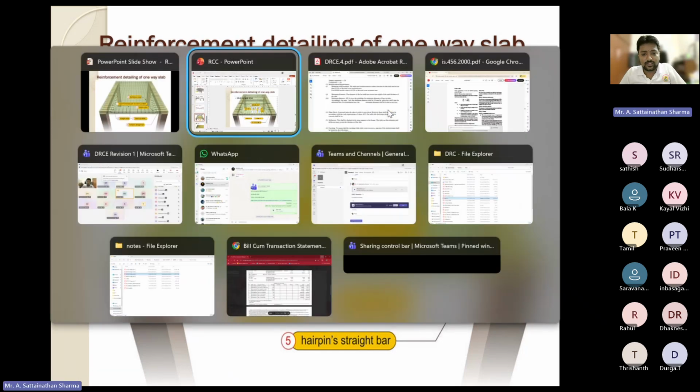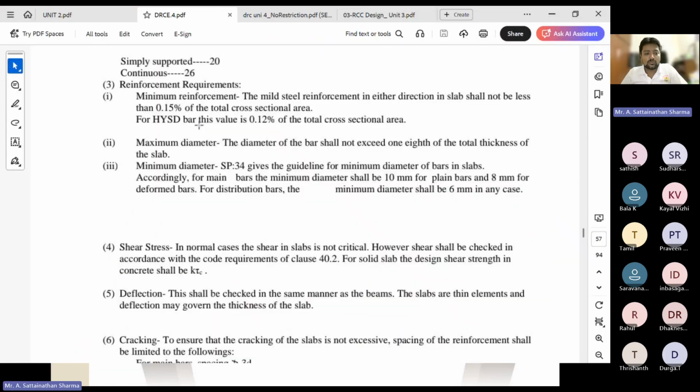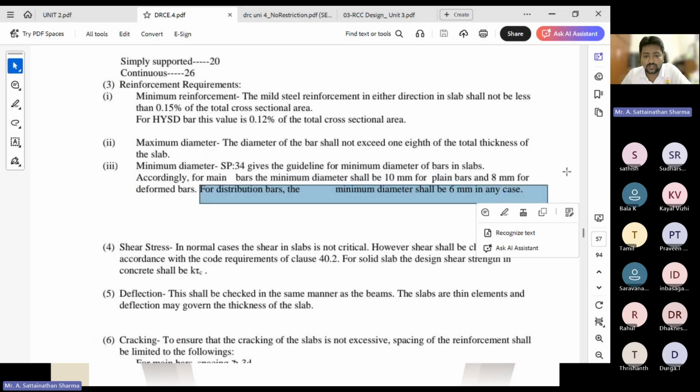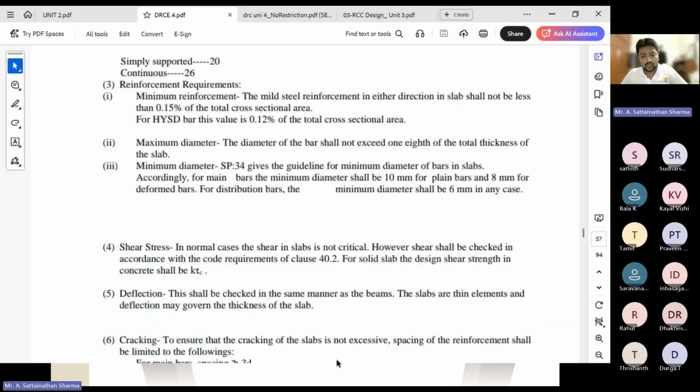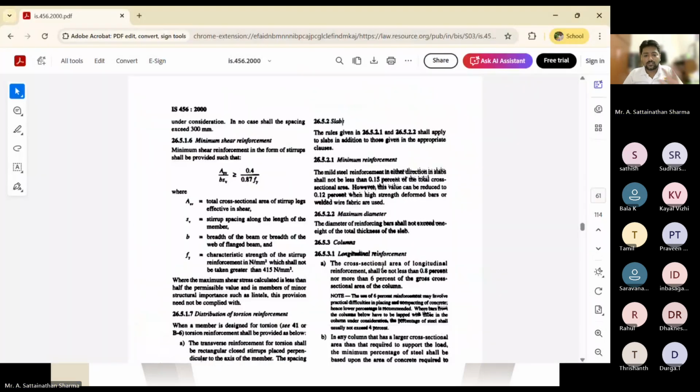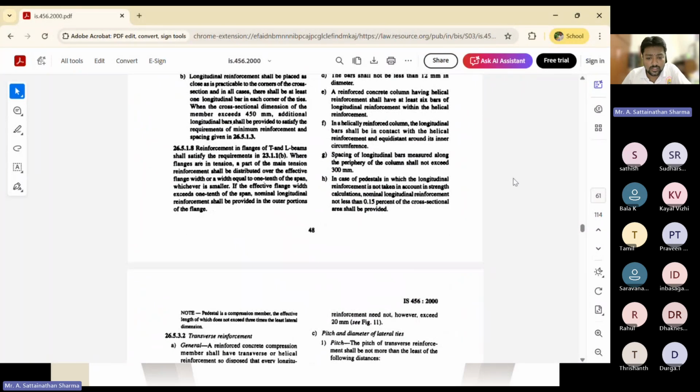So this is the requirement they have given here. What is the minimum diameter for the main bar, and what is the diameter for the distribution bars? This is what is given here. You can directly refer to the code book, page number 48.